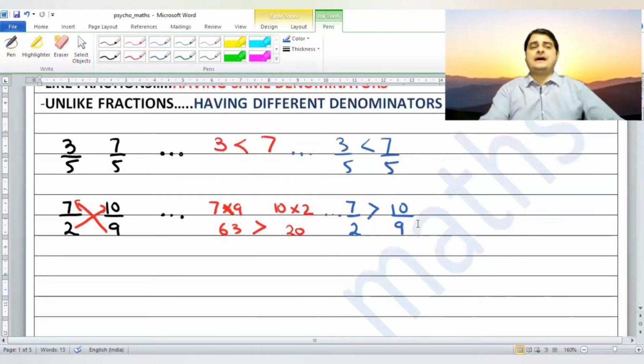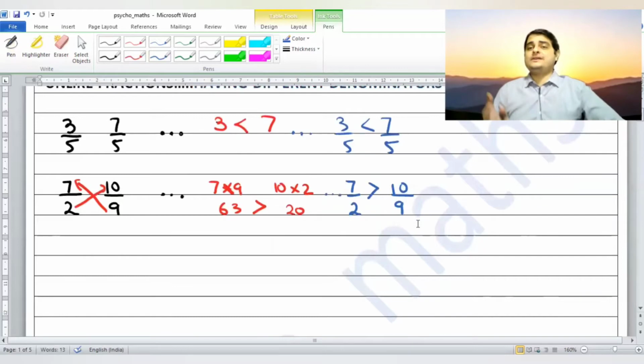This is only to be applied when there are two fractions and both are unlike fractions, having different denominators. So that becomes very easy. The smaller one is to be written first and the larger one second if we are going with ascending; for descending, the greater will be first and the smaller second.